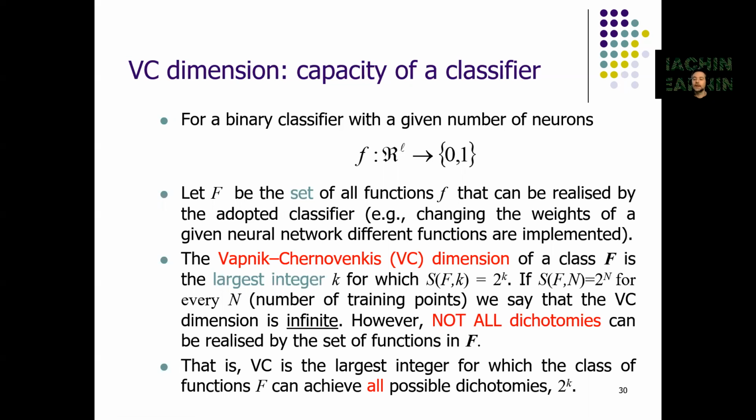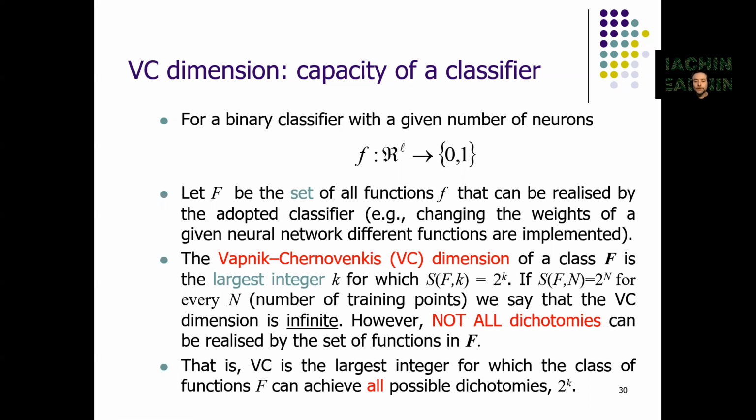It depends on what kind of architecture it has and what kind of values the weights can take. But in general, one type of classifier with fixed architecture, no matter what kind of weights you use, if it's successfully trained, will produce one of these F small functions, and the set of all small F functions will create a big set of F capital functions.